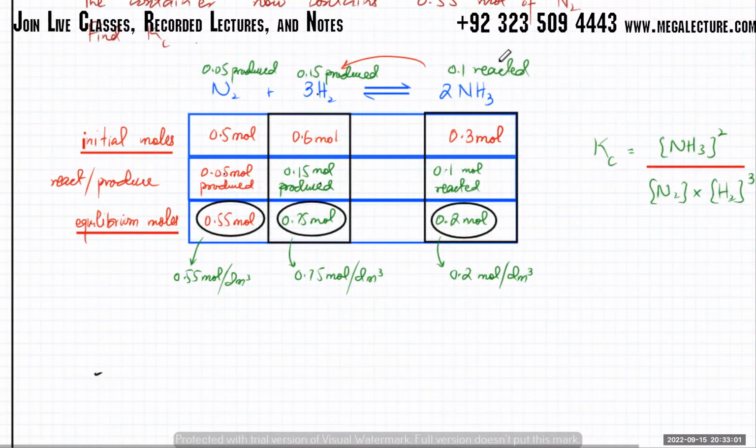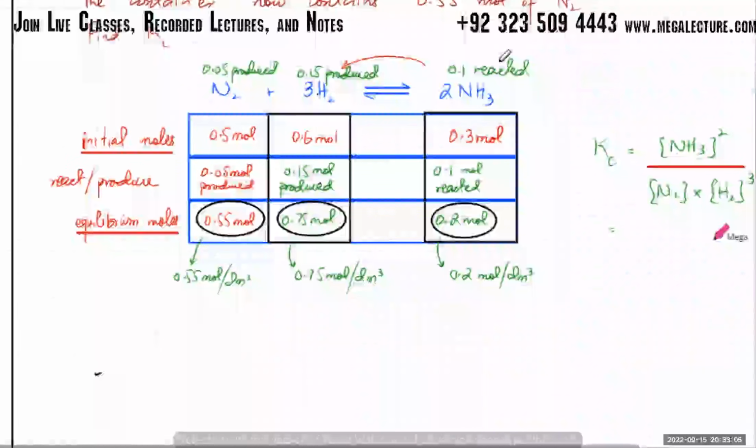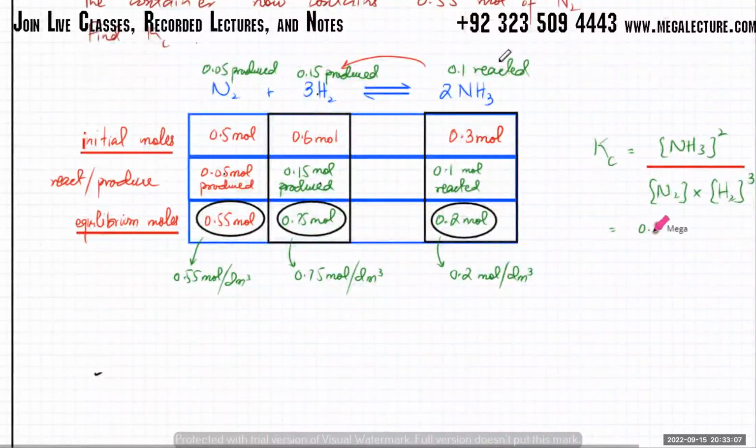I'm going to plug in the values. So what are my values? NH3 is 0.2 squared, and what are the other ones? N2 is 0.55 times the other one, which is 0.75, and that's cubed. Is that clear?